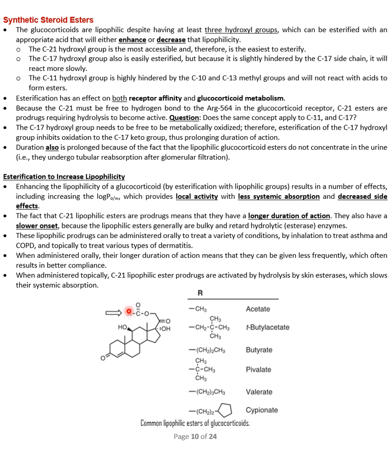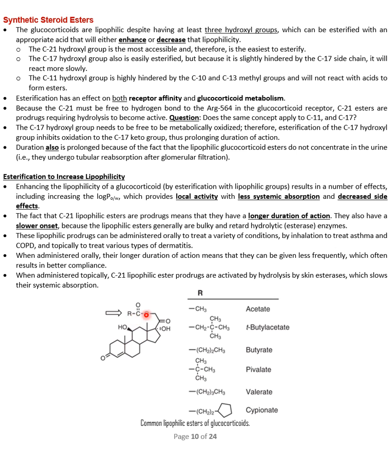You will see that the easiest one to add an ester group to is C21, because it's actually the most accessible. The reason it's the most accessible is because it's the farthest away from the nucleus, due to this arm here.